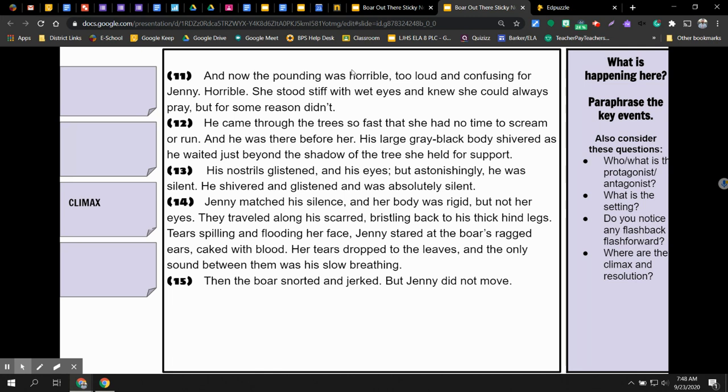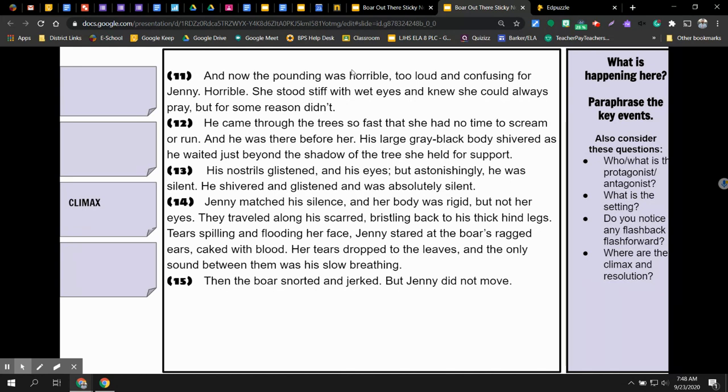His nostrils glistened in his eyes, but astonishingly he was silent. He shivered and glistened and was absolutely silent. Jenny matched his silence, and her body was rigid, but not her eyes. They traveled along his scarred, bristling back to his thick hind legs, tears spilling and flooding her face. Jenny stared at the boar's ragged ears caked with blood. Her tears dropped to the leaves, and the only sound between them was his slow breathing.